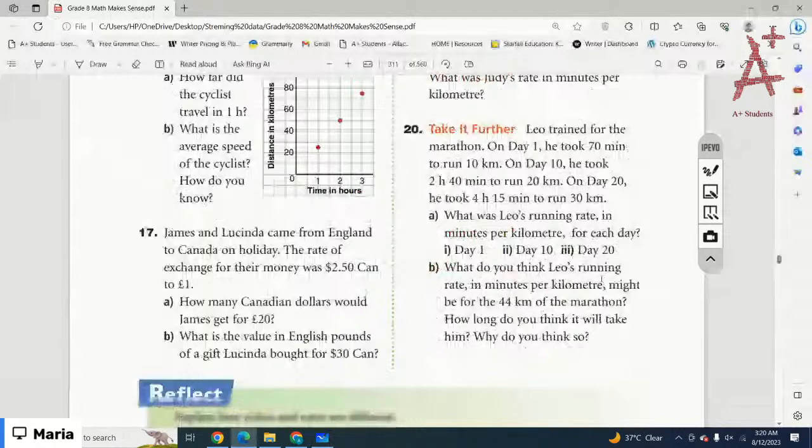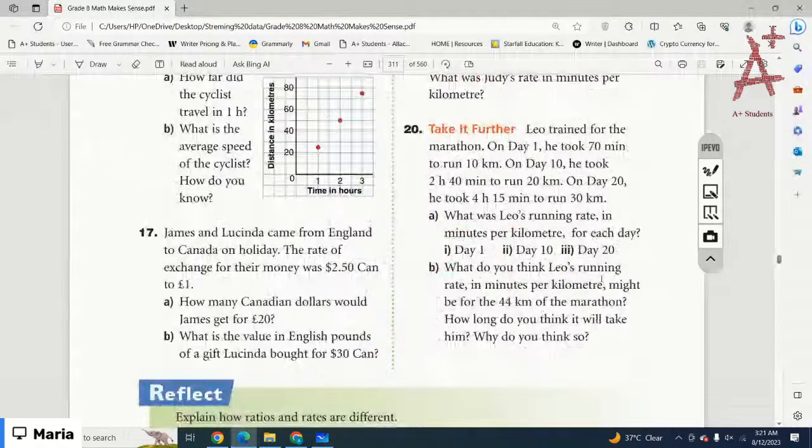On day 10, he took 2 hours 40 minutes to run 20 kilometers. On day 20, he took 4 hours 15 minutes to run 30 kilometers. What was Leo's running rate in minutes per kilometer? What do you think Leo's running rate in minutes per kilometer might be for the 44 kilometers of the marathon? How long do you think it will take him?